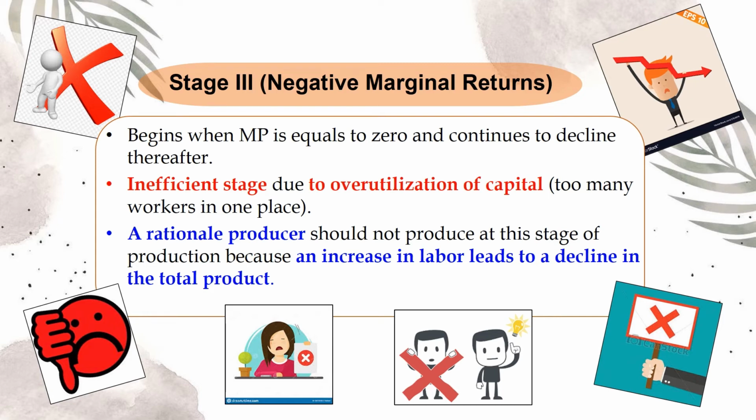For example, machine is breakdown due to non-stop operating, or maybe workspace become overcrowded as more workers are employed. A rational producer should not produce at this stage of production because an increase in labor leads to a decline in the total product.